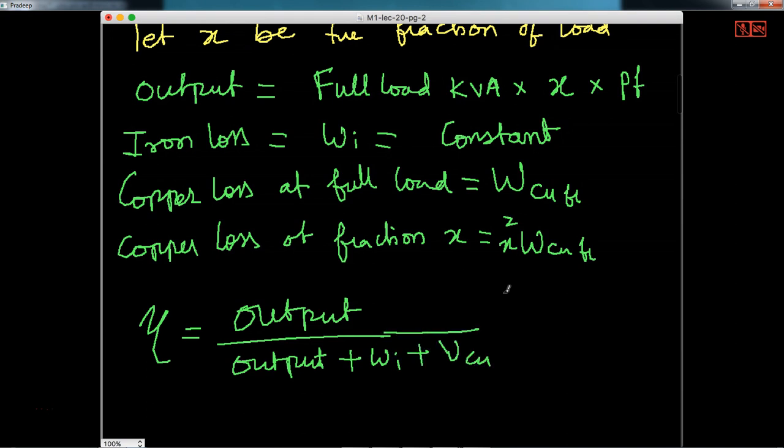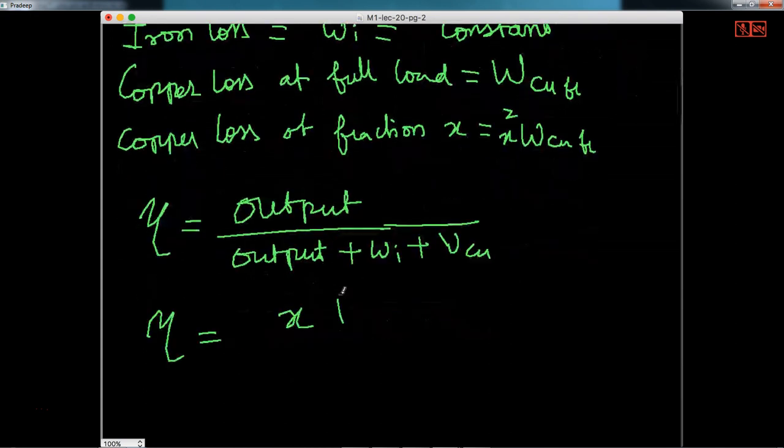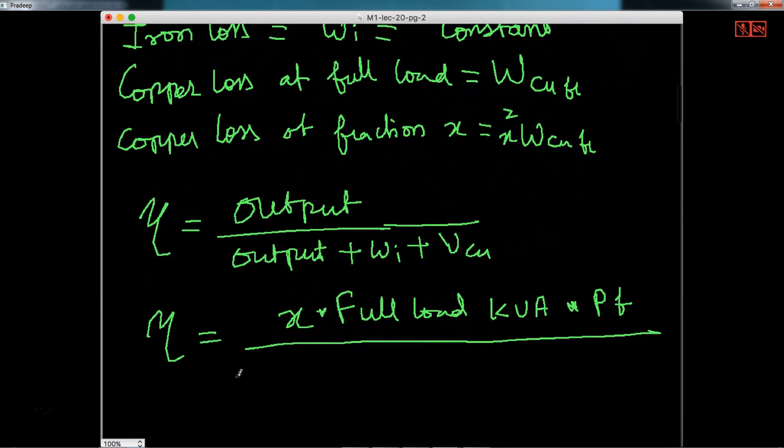So what I can do simply is, efficiency is nothing but X into full load kVA into power factor, divided by, again the same thing will repeat, output is same, so X into full load kVA multiplied by power factor plus iron loss is constant plus X square into WCU full load.